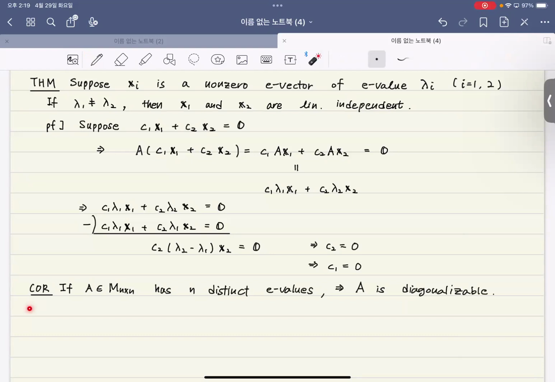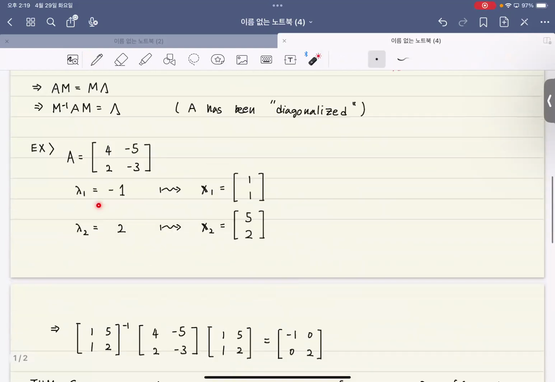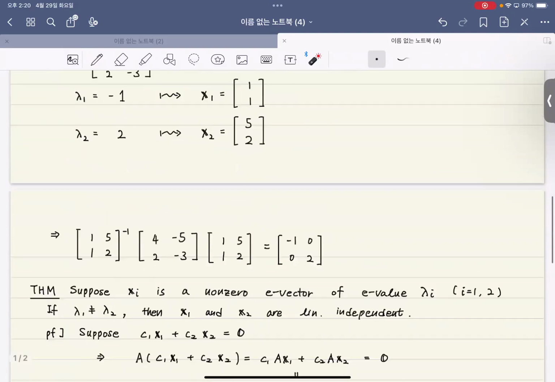Therefore, since we had two distinct eigenvalues, this matrix should be diagonalizable.